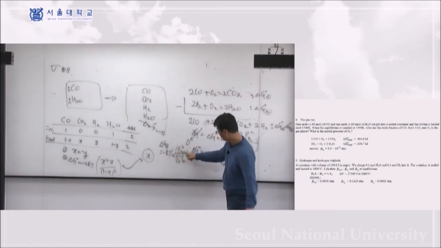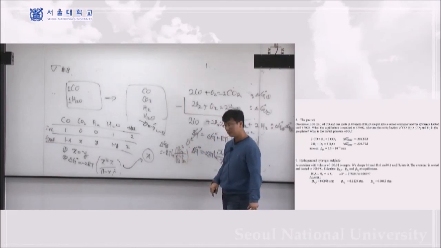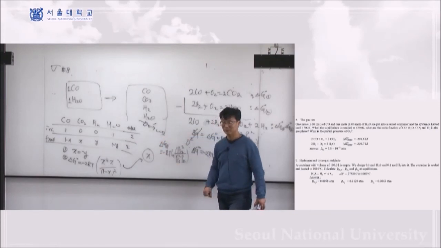And then you have to enter again the same pressure here, and then calculate what's the partial pressure of O2. Okay? And then see whether this is very small or not. If this is not negligibly small, this assumption is wrong. If this is negligibly small, you can say that, okay, safely, this is okay.